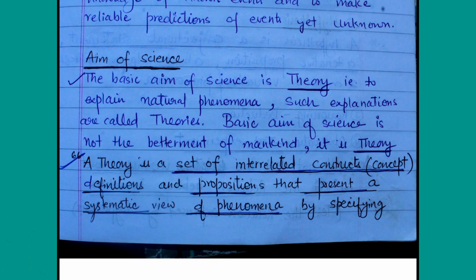You have a well accepted, well proven research methodology where you are measuring certain concepts, constructs, variables, and you are doing it according to the rules of science. Then it will create a theory. A theory is a set of interrelated construct concepts which has been studied in a systematic view. So please note down this definition.